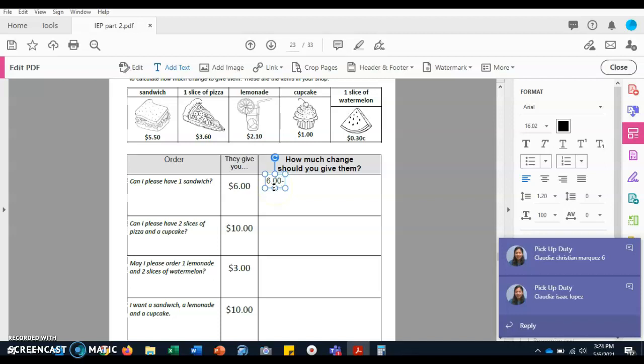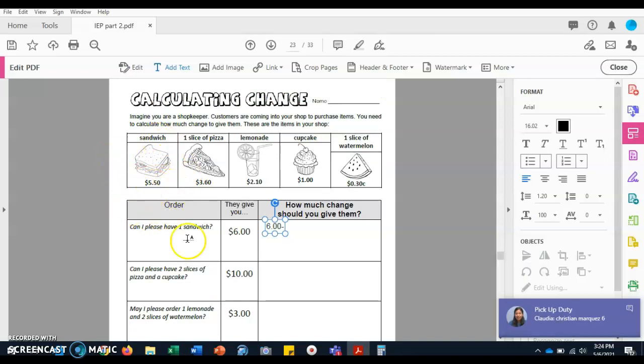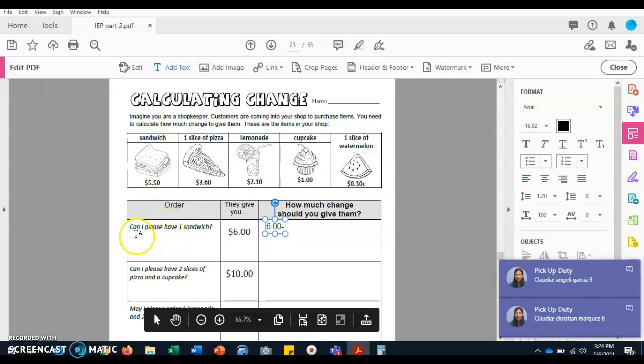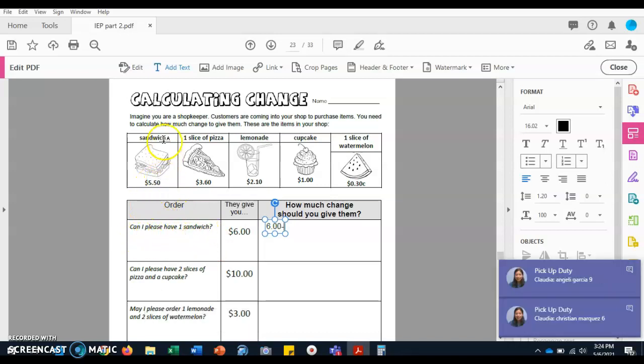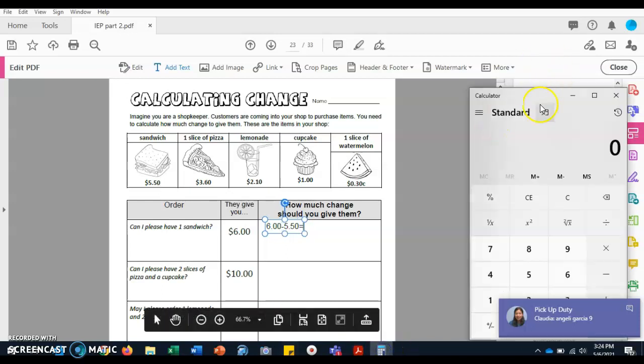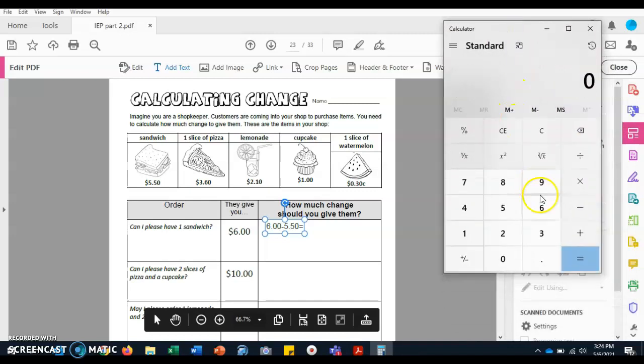And you're going to subtract the price of the object they want. So here it says they want 1 sandwich, only 1. And our sandwich is $5.50.